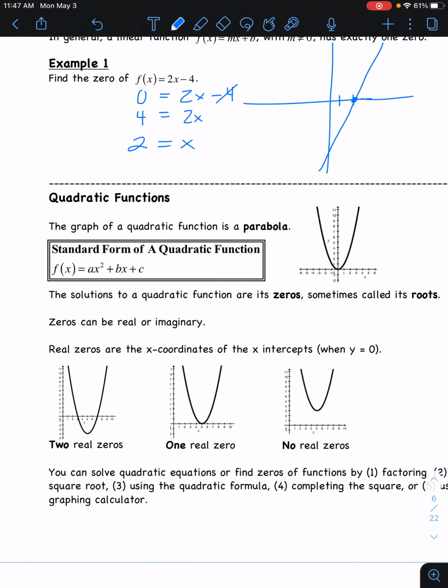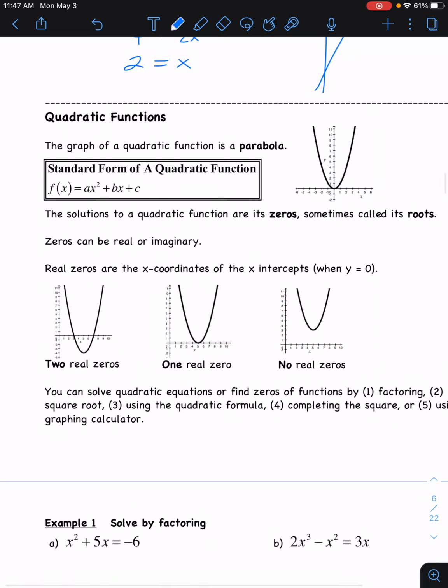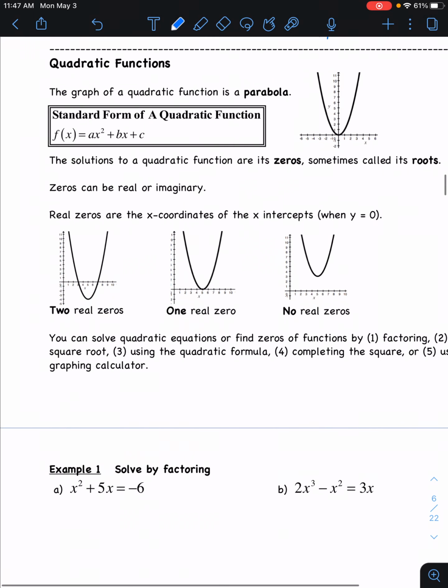All right, so quadratic functions are functions that have an exponent of 2. You can see here in the box, it says the standard form of a quadratic function is f of x equals ax squared plus bx plus c. And when we graph them, they form a parabola.